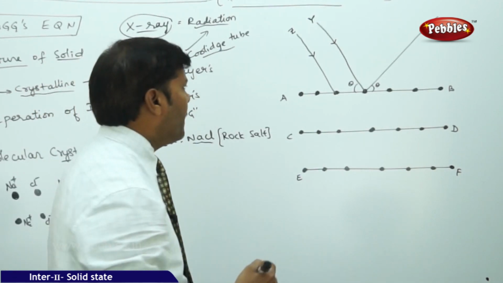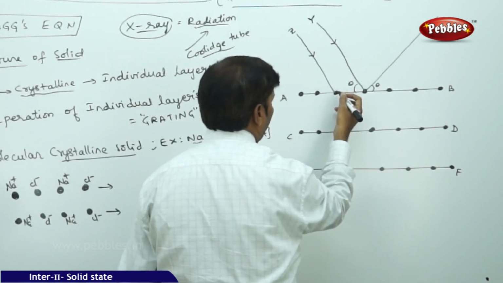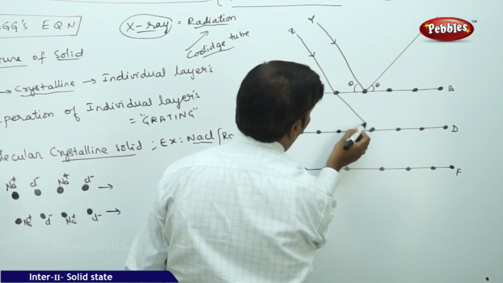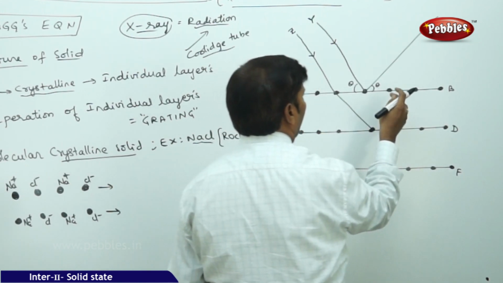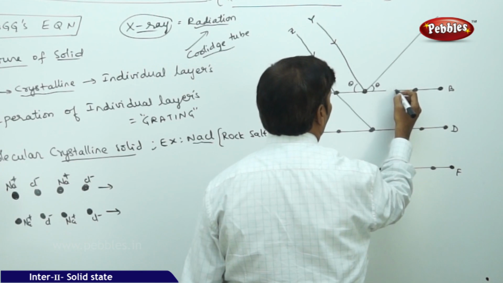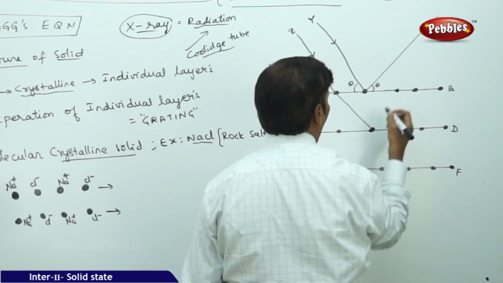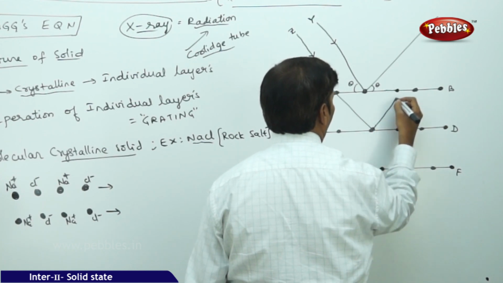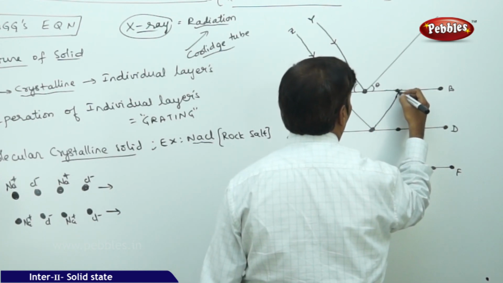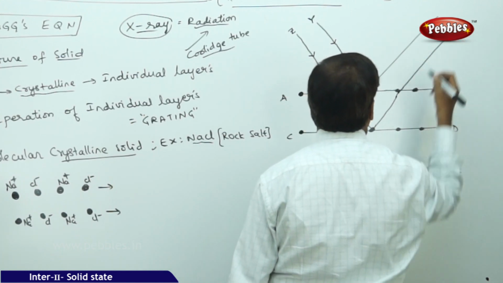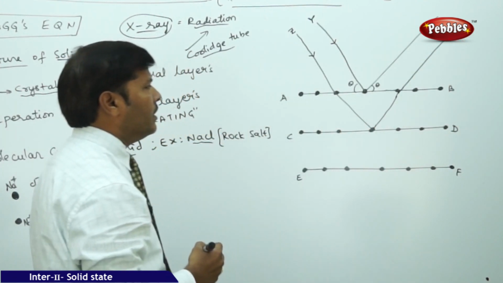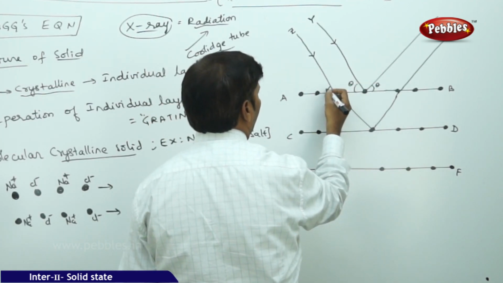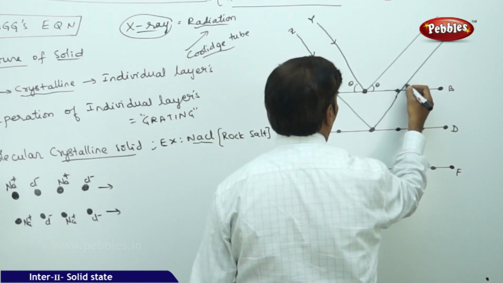It strikes the first layer, then goes on to strike the second layer, and it gets diffracted and reflects back in the opposite direction. So this is the angle of incidence, and this is the angle of reflection.